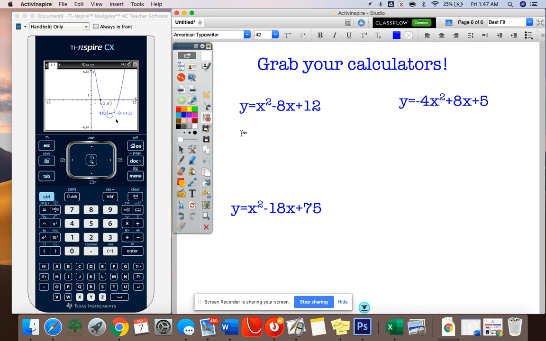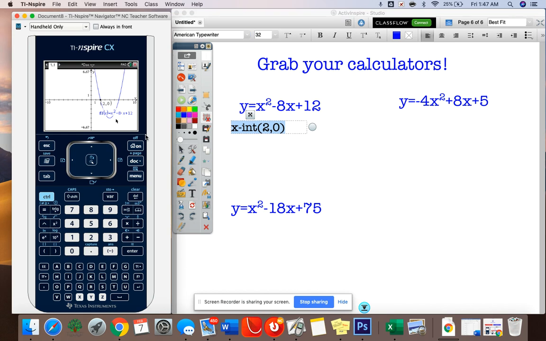It tells you your x-intercept in that ordered pair, 2, 0. So let's make ourselves a note. 2, 0 is an x-intercept. I'm going to make this a little smaller so it doesn't take up quite as much space. Now let's repeat that process to find our second x-intercept.